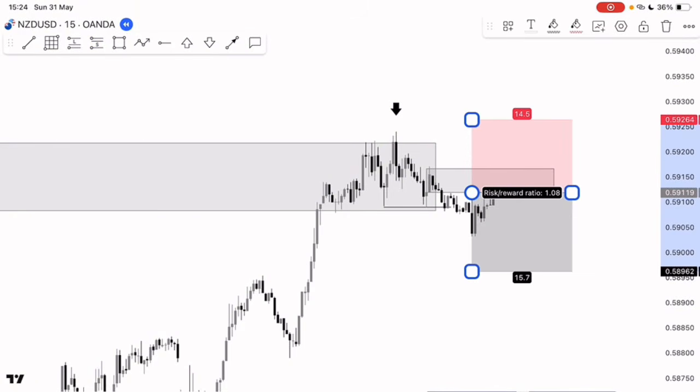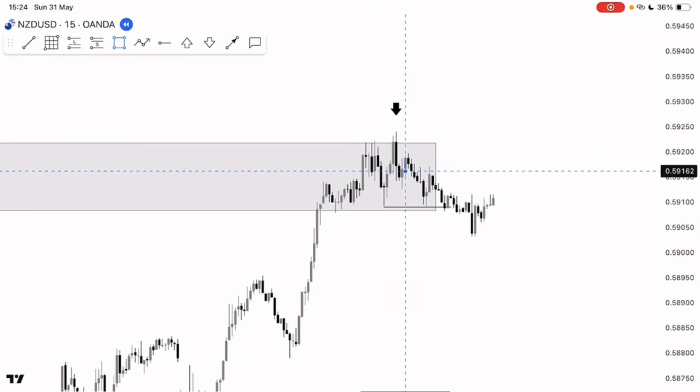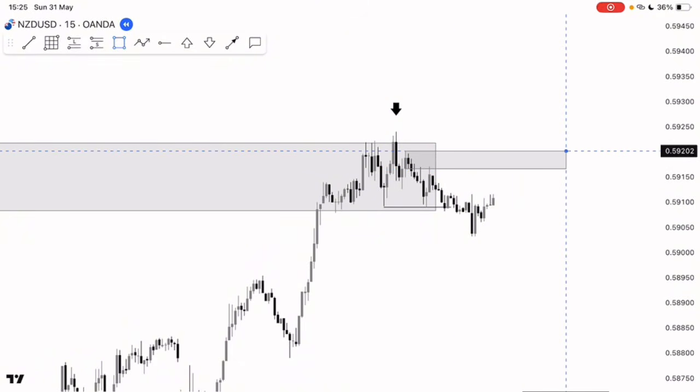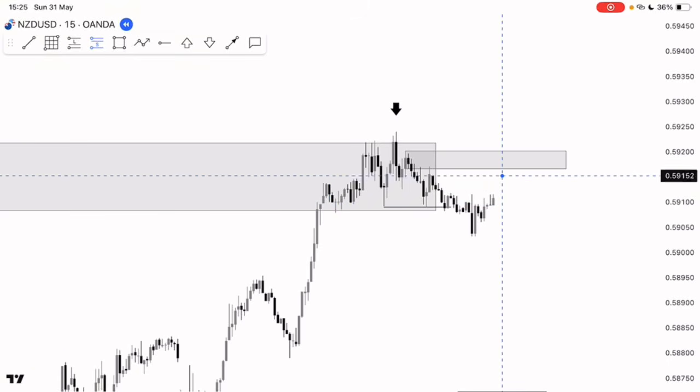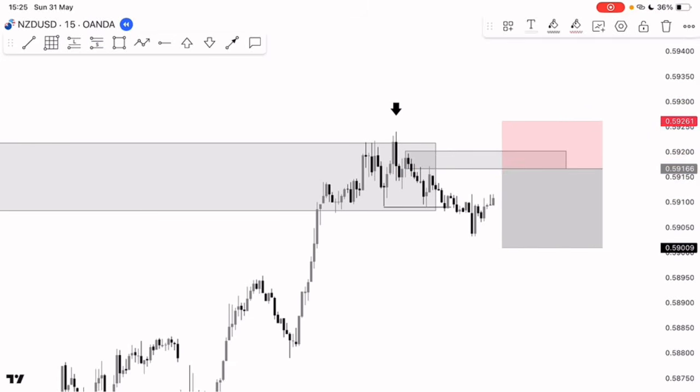But this zone is what I'm going to map out from. This block, then set my SL and set my entry. Some people can actually map out from here.